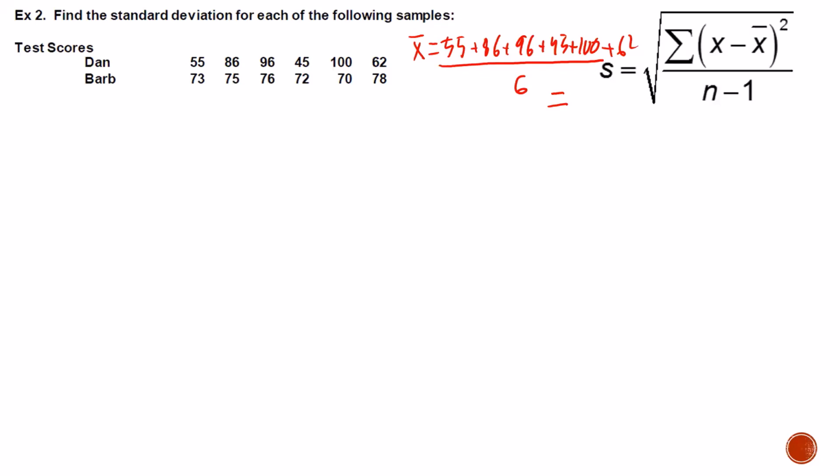I did this ahead of time, and when I did that, I got 74. This is 74% because it's a test score, right? Next part is to make the table that I mentioned.